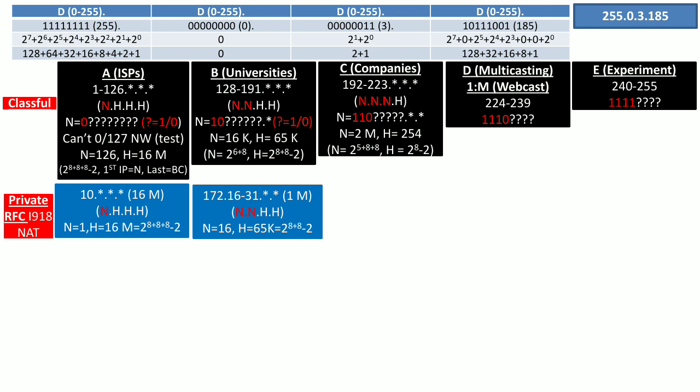So there are 16 networks, that is 172.16, 172.17, 172.18 till 31. There are 16 networks in this private IP address class, and there are 65,000 hosts in each of these 16 networks.